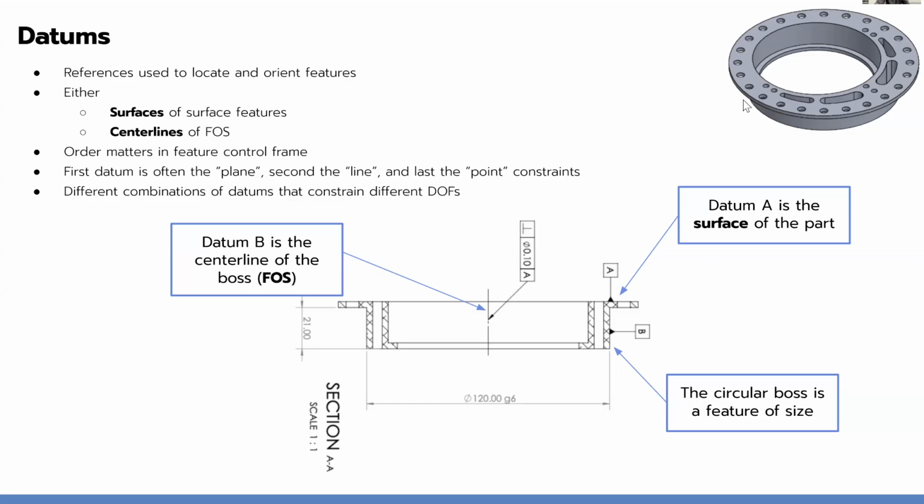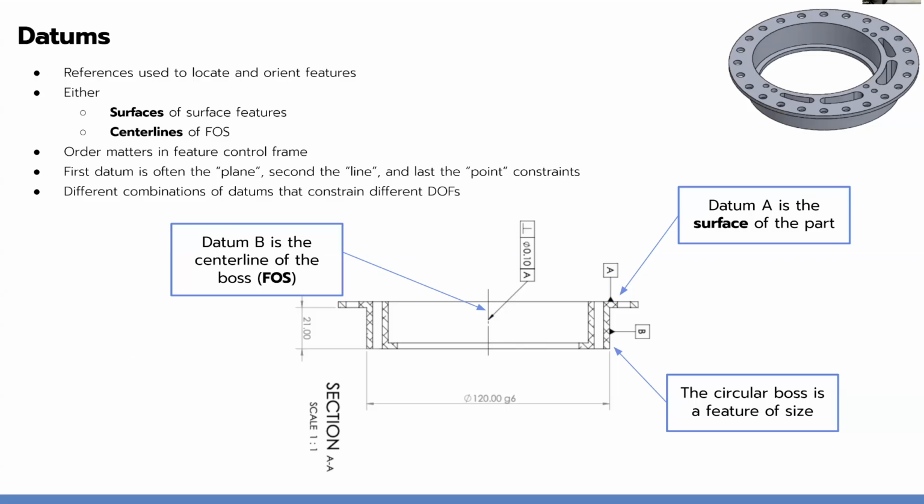But there are different combinations. Think about this one: its second datum is actually the center line of the cylinder here, the bore. If I have a hole in a part and I put a pin in that hole, that constrains both my X and Y directions, because once I put a pin in it, it can't move around, but it can still rotate.